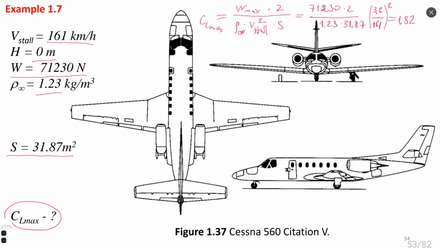For such a case, unfortunately, we do not have data to calculate the drag coefficient and to compare the lift to drag ratio, but it will be much smaller than for the first case, for stall flight. Because if you remember, the lift to drag ratio has such a curve. It goes down when you increase the angle of attack. It decreases.